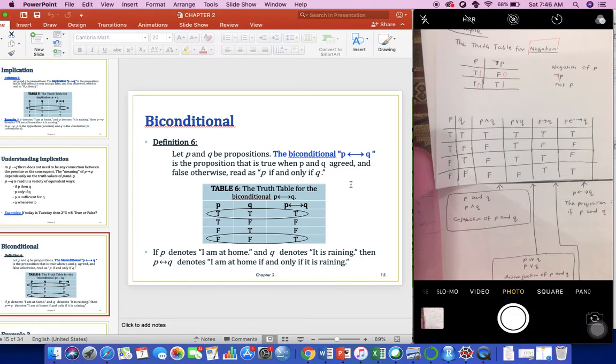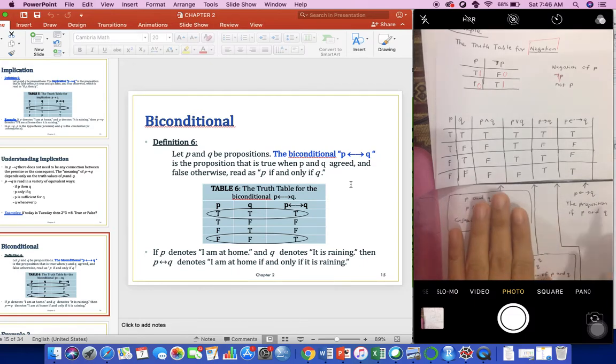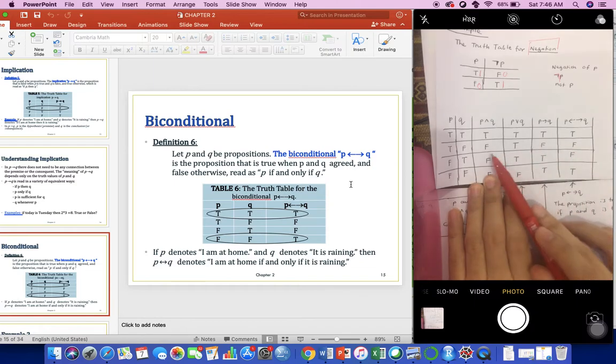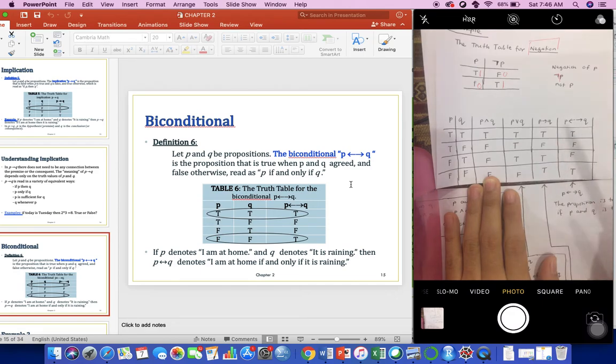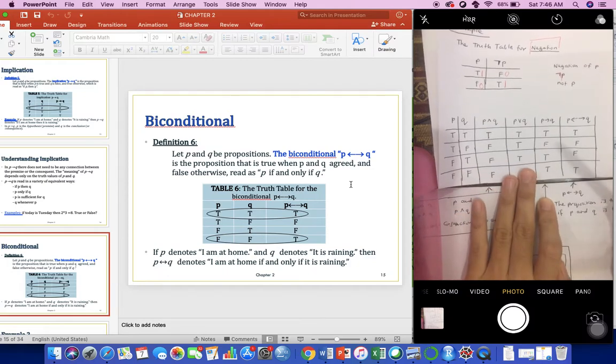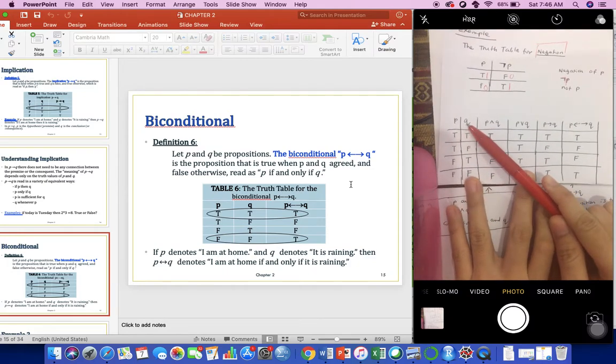I combine the four of them here, because you can see the difference between and, or, conditional and biconditional. Here we can see that you have P and Q.